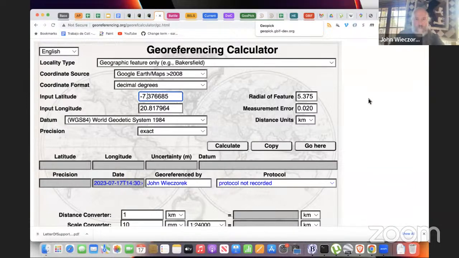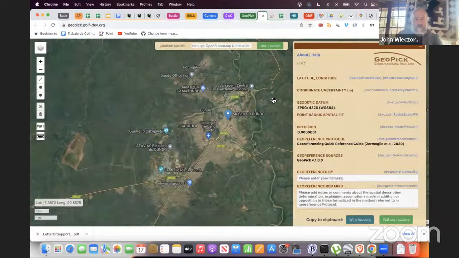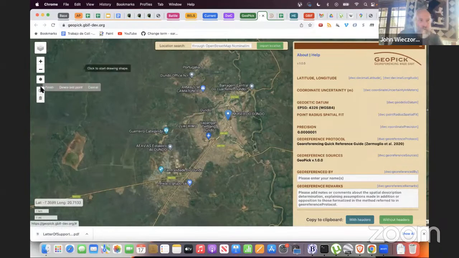Yeah. Okay, so what I wanted to do quickly, based on what Paula was talking about, is do a new interpretation with a polygon, actually two of them, with Geopic, and I'll try to do this fairly quickly. So I'm going to draw a polygon.